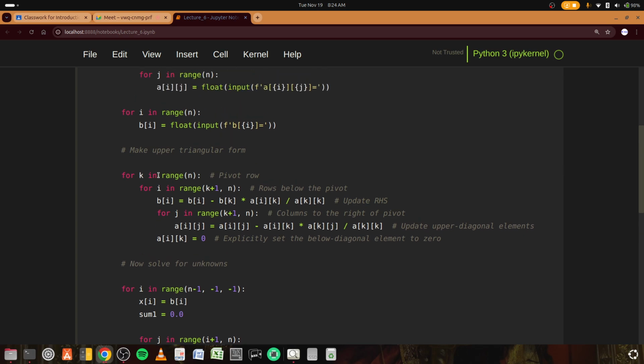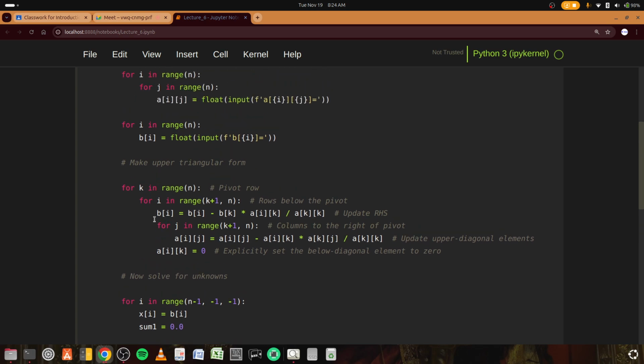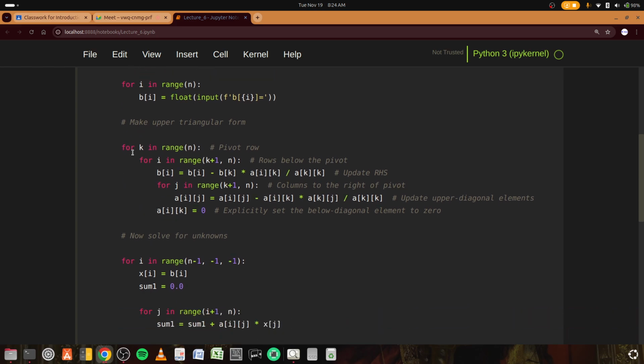So now this part is a bit complicated. Here first see that we are starting with for k in range n, then for i in range k plus 1 to n. The comment says it is the pivot row. In forward elimination you have to start with the first row, right?